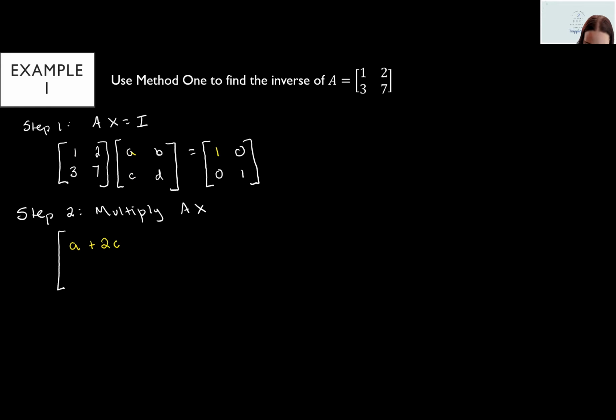So then you're going to take the same row, but now you're going to multiply by the next column. And that will get you your next location. So it's going to be 1 times B plus 2 times D. And so that's going to give us the first row.